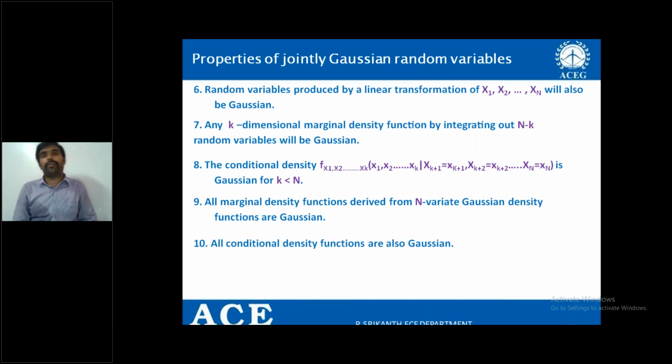So these are the properties of Gaussian density functions, right? In this class we have discussed the joint characteristic function, how to derive the joint moments from the joint characteristic function, and what jointly Gaussian random variables are, and how to define the jointly Gaussian density function in the two random variable case and also in the n random variable case, and how to derive the two-dimensional or bivariate Gaussian density function from the n-variate Gaussian density function.